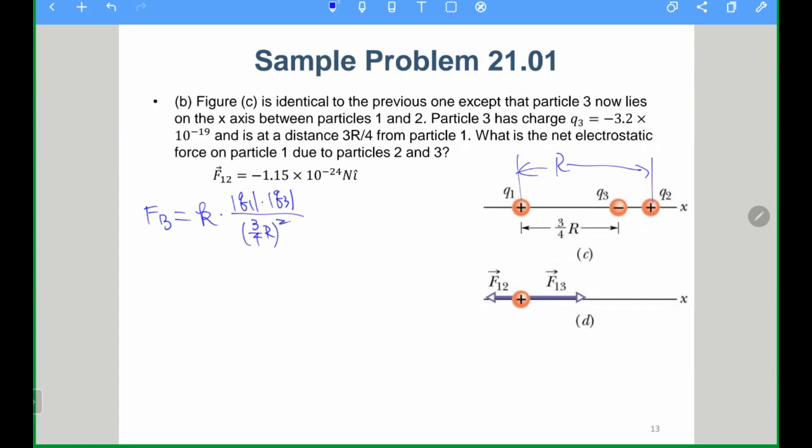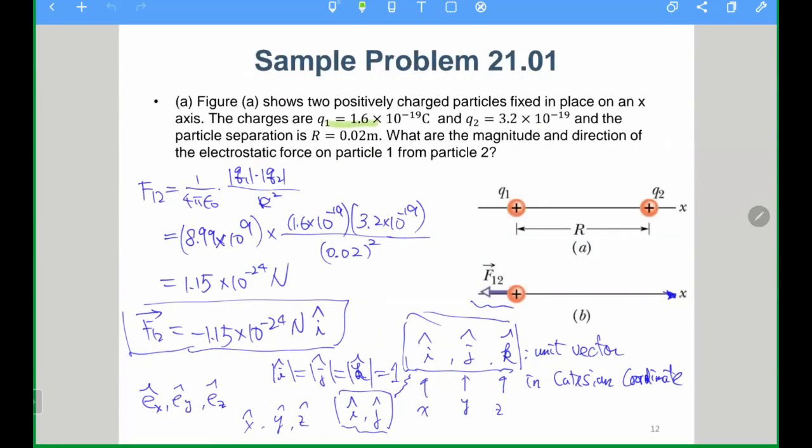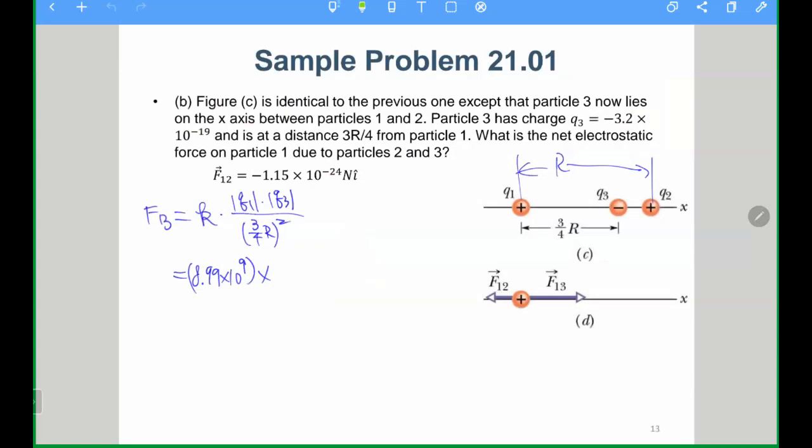Okay, so we can just plug in the numbers. K is 8.99 times 10 to the 9th power, times Q1, which is 1.6 times 10 to the minus 19, times the absolute value of Q3, which is 3.2 times 10 to the minus 19, all over 3/4 squared, which is 9/16, times R squared.